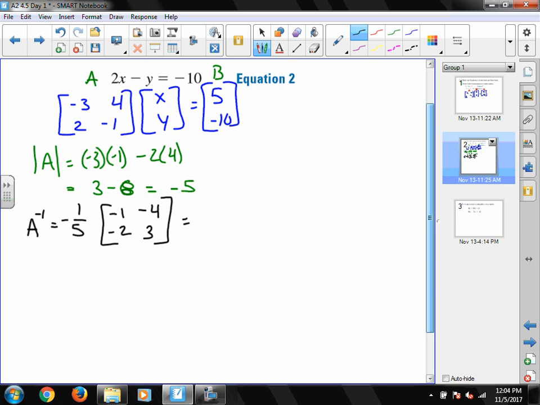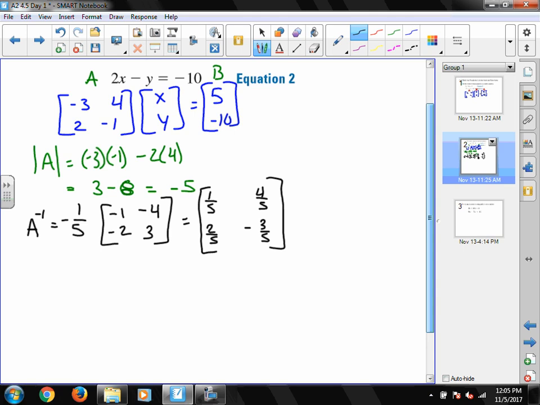I multiply through by that negative 1/5, so I get 1/5, 2/5, 4/5, and because those are all negative and this 3 is positive, I'm going to get a negative 3/5. So there's my inverse of A.